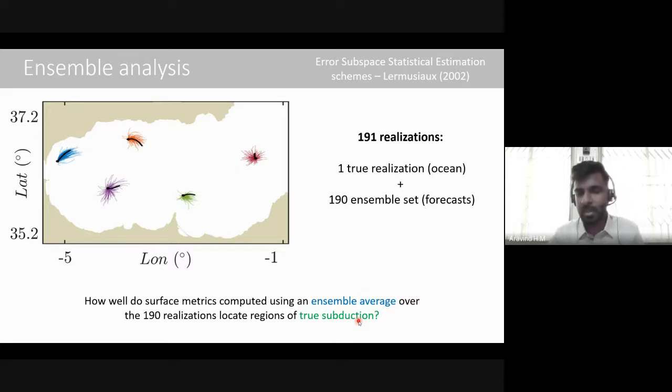Essentially, I computed the surface metrics without knowledge of the true realization, and I did an ensemble average. And then I compared the target zones I obtained from this ensemble average field to the subduction zones in the true field to see how well my results did in the presence of noise.